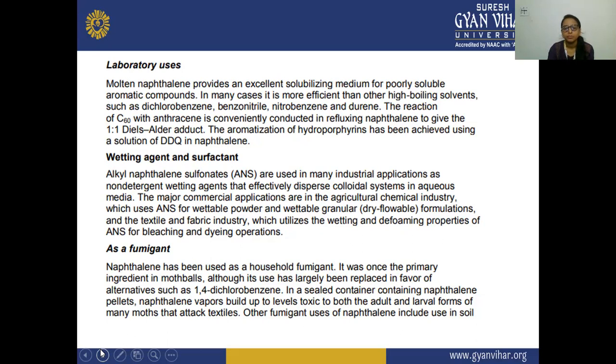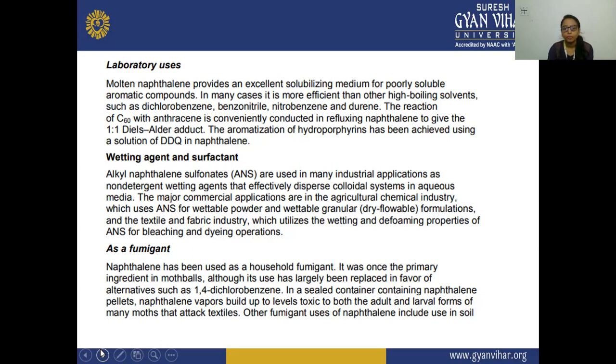The major commercial applications are in the agricultural chemical industry, which uses ANS for wettable powder and wettable granular formulations, and the textile and fabric industry, which uses the wetting and deforming properties of alkyl naphthalene sulfonates in bleaching and dyeing operations.